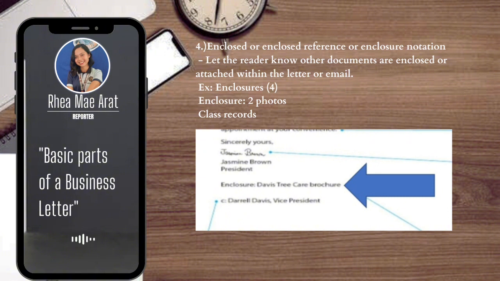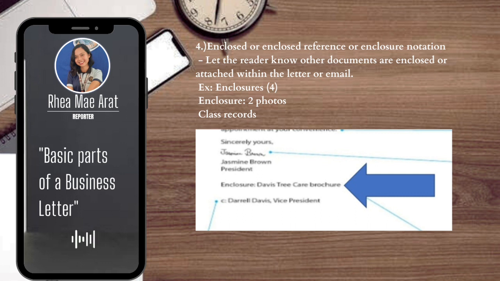The simplest way to format your letter is just to write enclosures followed by the number of them in parentheses, just like here in the example. Enclosure, and then use open and close parentheses, and then put the number of your documents.